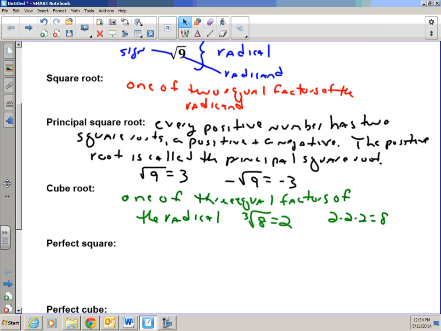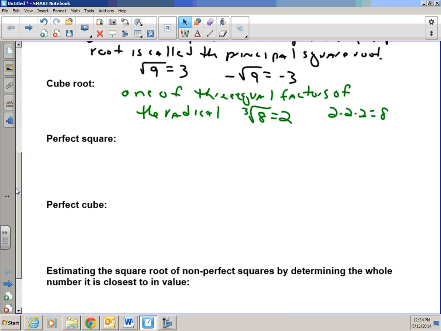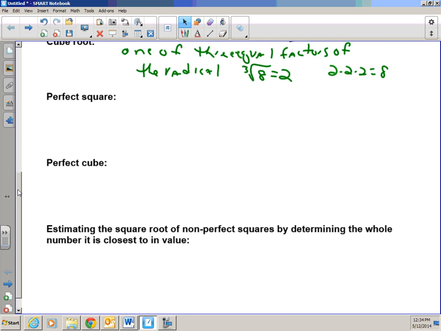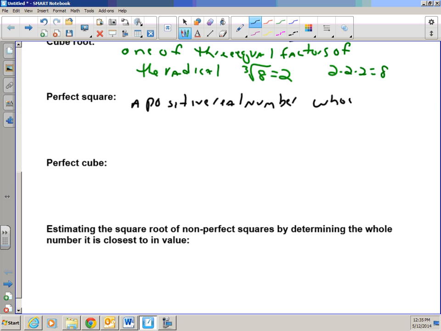Okay. Then we have what's called a perfect square and a perfect cube. A perfect square is a positive real number. It can't be negative because we know that there is no square root of negative numbers in the real number system, whose square root is a rational number.